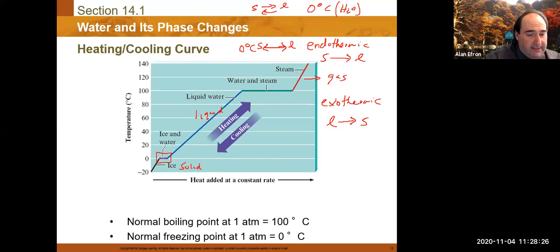Exothermic means heat and energy is going to be released. So as those liquid molecules lose that energy, they no longer have enough energy to pass each other anymore, and they come into the solid phase at that point. And right at 0 degrees Celsius, we have both things happening.